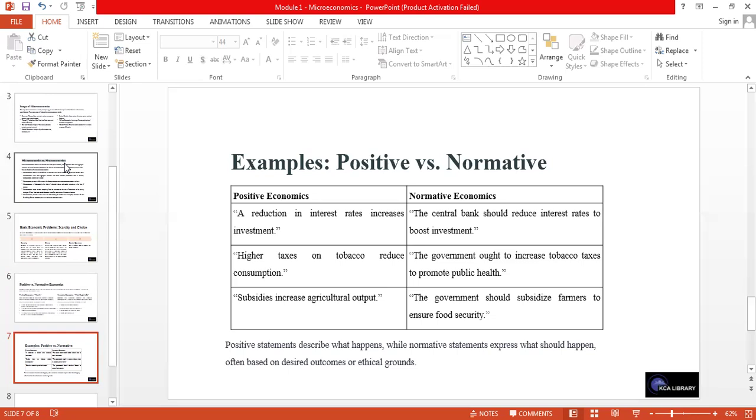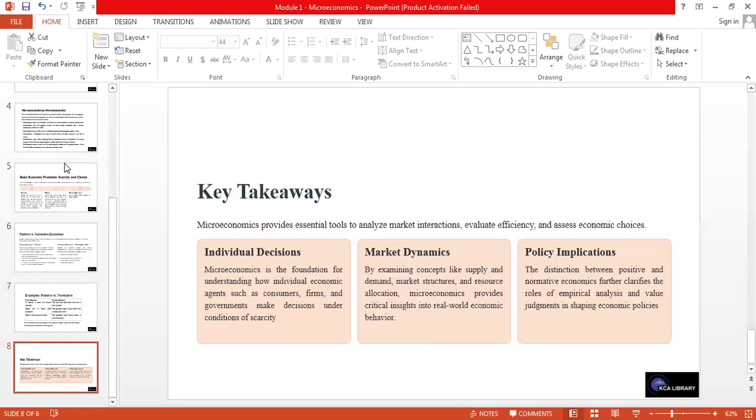For normative, the central bank should reduce interest rates to boost investment. It cannot be proven empirically, but this is what should be. This is what it ought to be. Also, the government ought to increase tobacco taxes to promote public health. And lastly, the government should subsidize farmers to ensure food security.